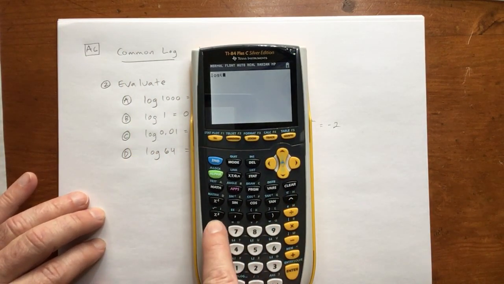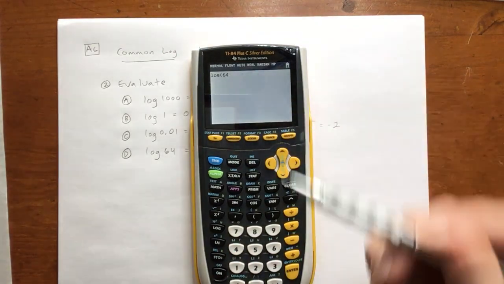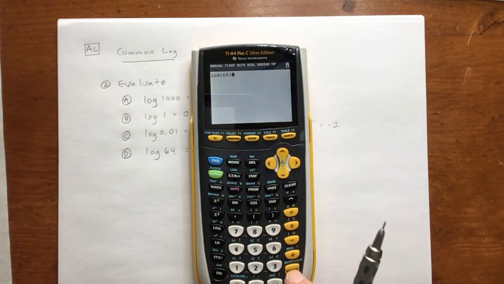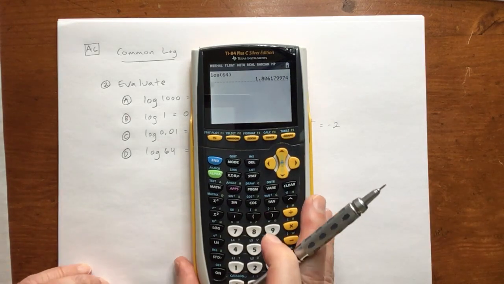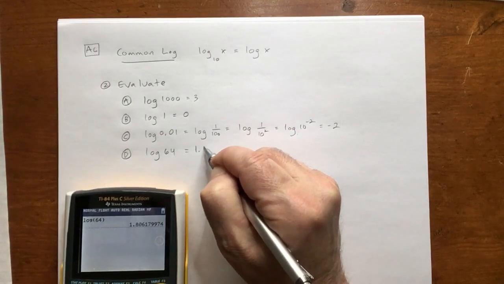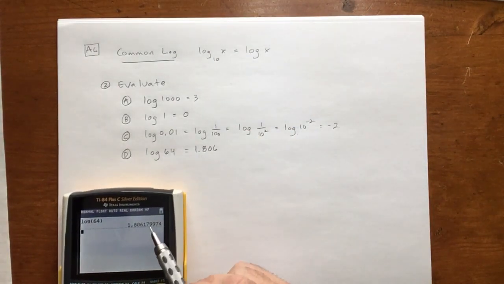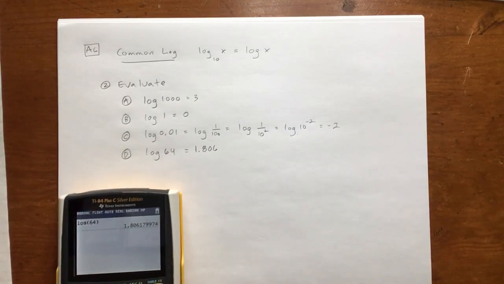So we have log of 64. You don't have to use parentheses, but I'm going to hit enter, and it is a number between 1 and 2. So I have 1 point, let's do 1.806. Now that's approximate because I'm not including all the decimal places; it would go on forever.